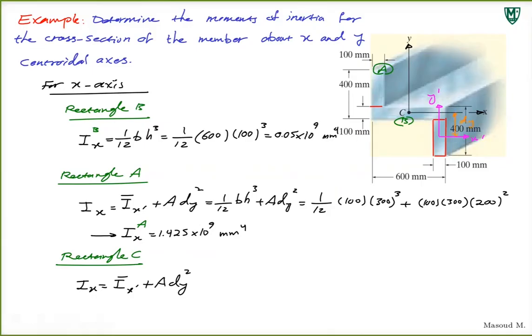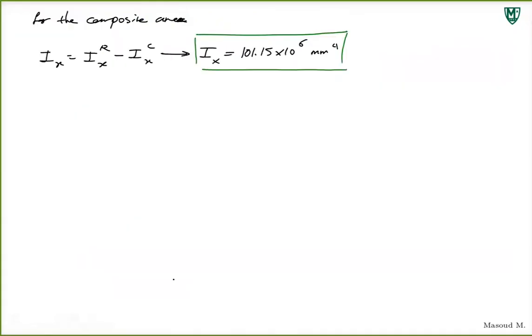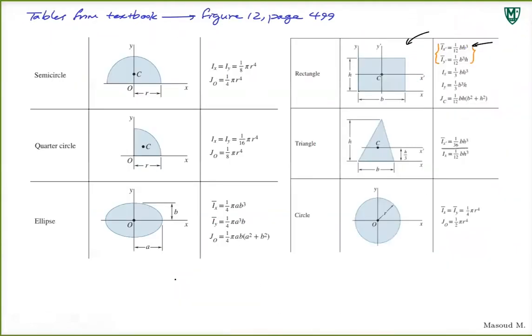Everything should be in the same coordinate. So in this case, very similar to rectangle A. You could just write them both together. So we have Ix prime bar. If you go back here, it's 1/12 bh cubed, b being the width, h being the height.